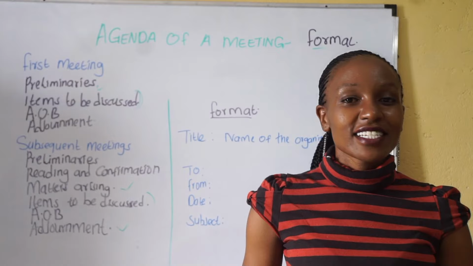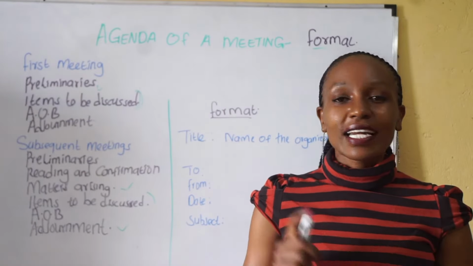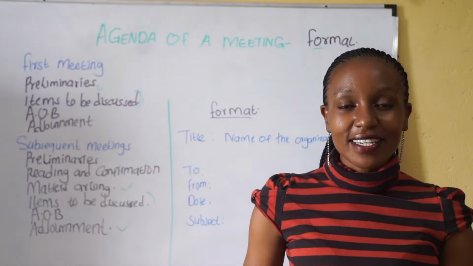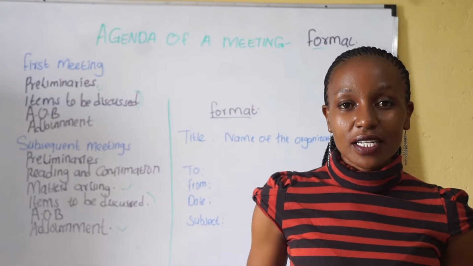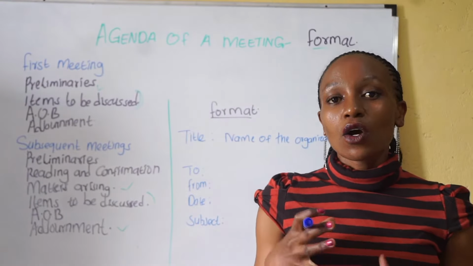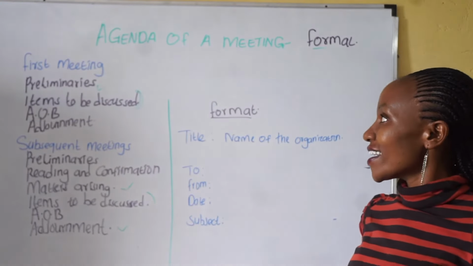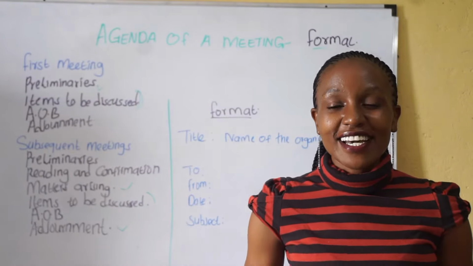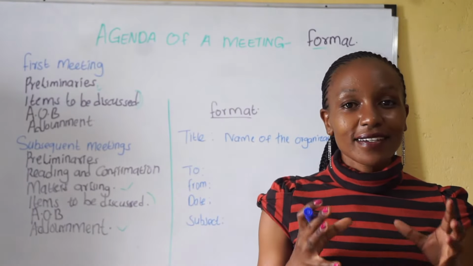Could be discipline of the members, club's financial status, income generating party, etc. So those are the items to be discussed in the meeting, which is referred to as the agenda. I hope now you clearly understand what an agenda is.